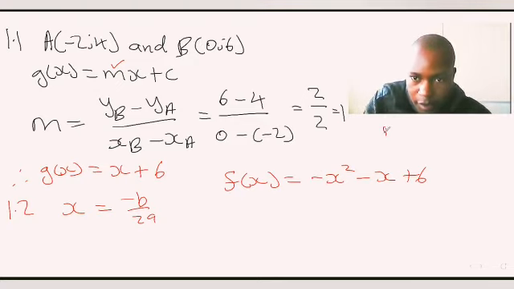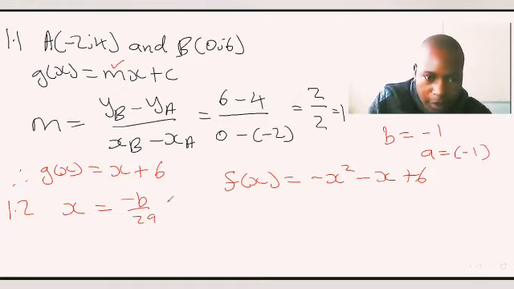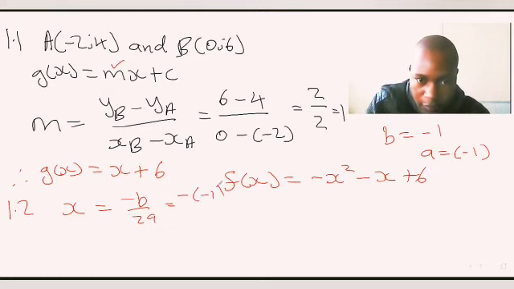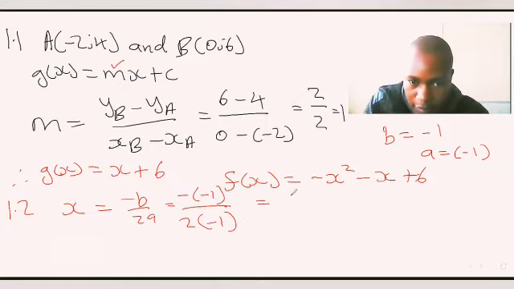Now the b would just equal negative 1. A would also equal negative 1. So we can then say negative 1 divided by 2, and then negative 1 over there. That in itself would just equal negative a half.